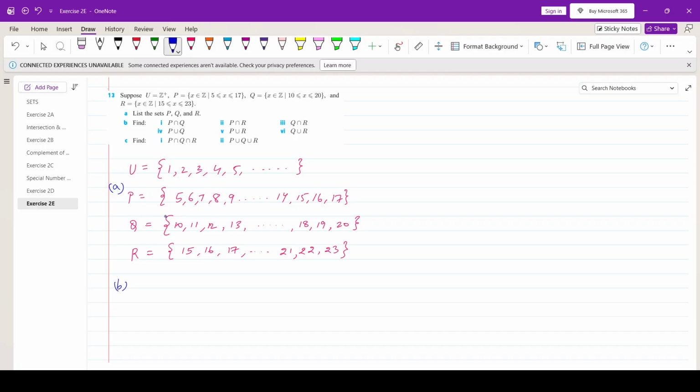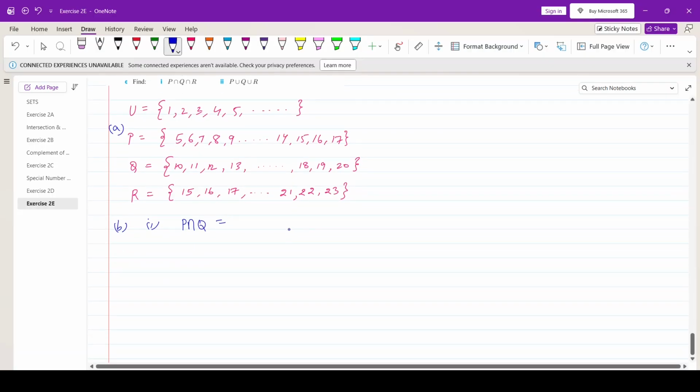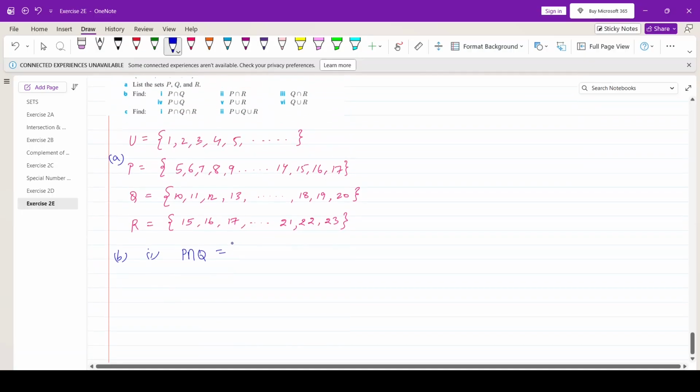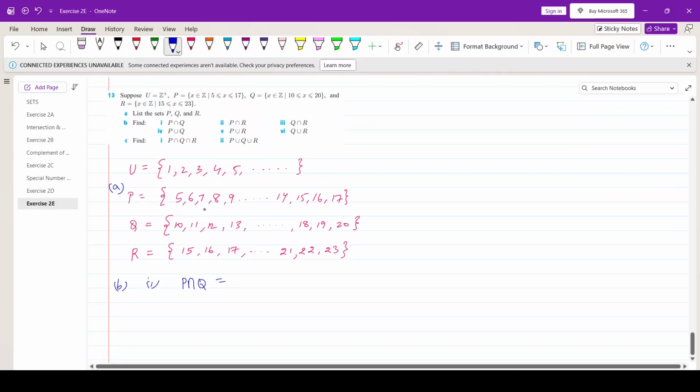Part B says, find P intersection Q. P intersection Q is equal to a set containing all the numbers that are common in P and Q. So what are the numbers?